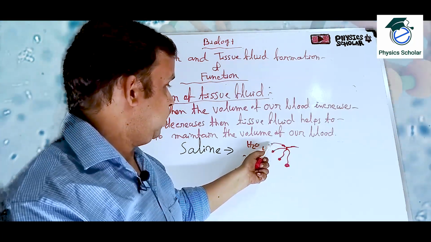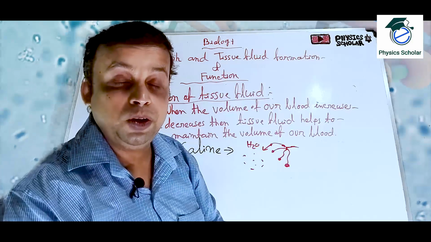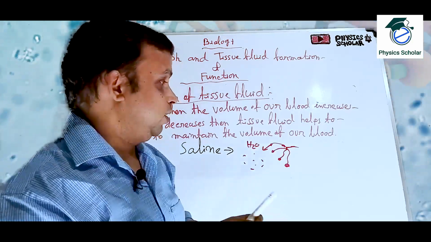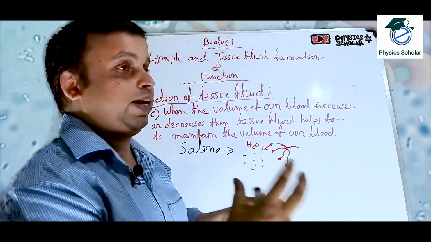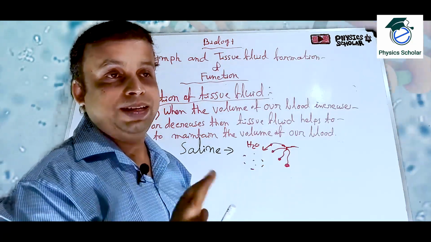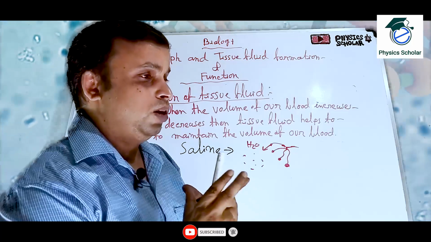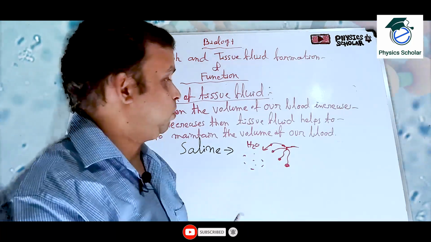As a result, the water will come out as tissue fluid. That means the amount of tissue fluid will increase. Clear? If the water is coming out, then the volume of the blood will decrease. Thus it helps to maintain a constant, or almost equal, blood volume.